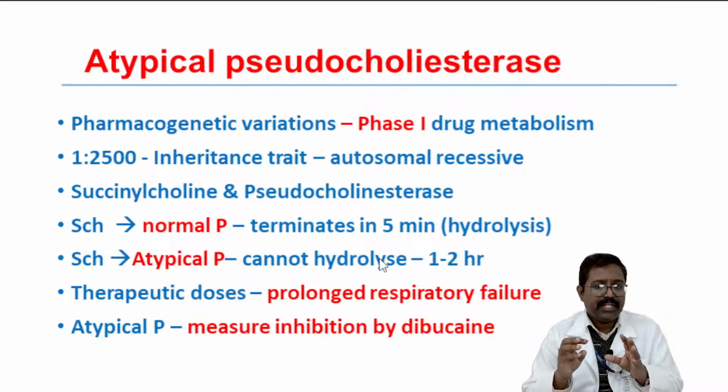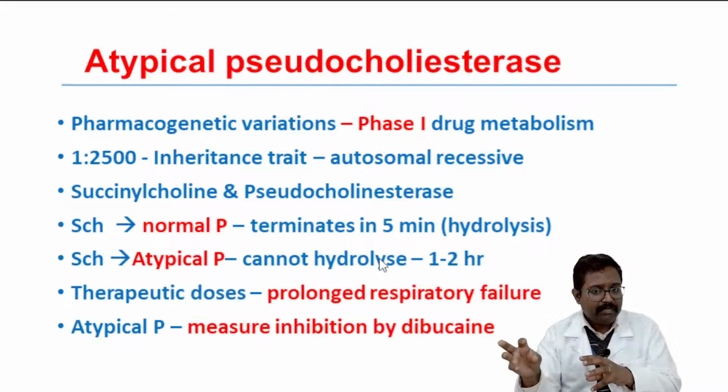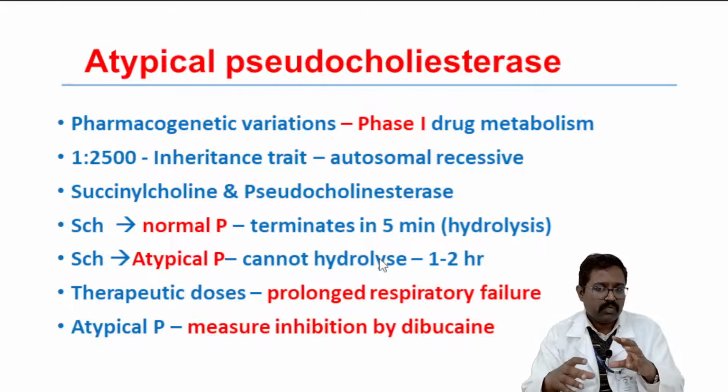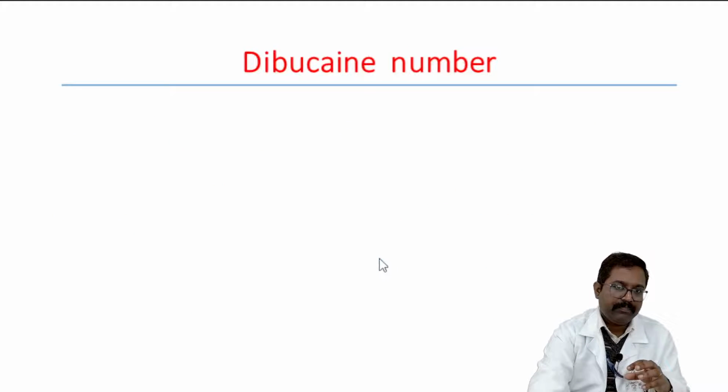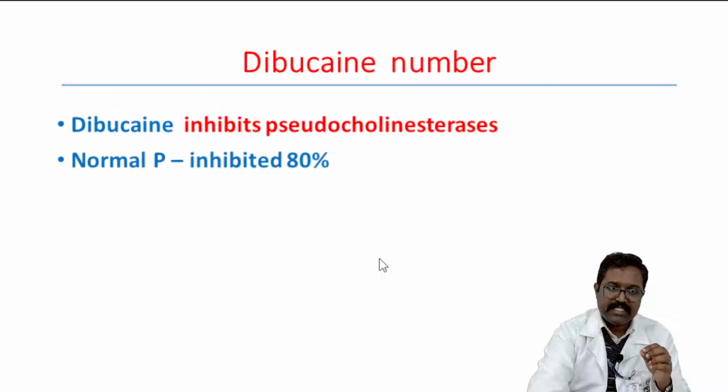You can measure it by the quantity of inhibition done by dibucaine, which is a local anesthetic. Dibucaine numbers are taken to measure the levels of atypical pseudocholinesterase in the body. Dibucaine basically inhibits pseudocholinesterases.